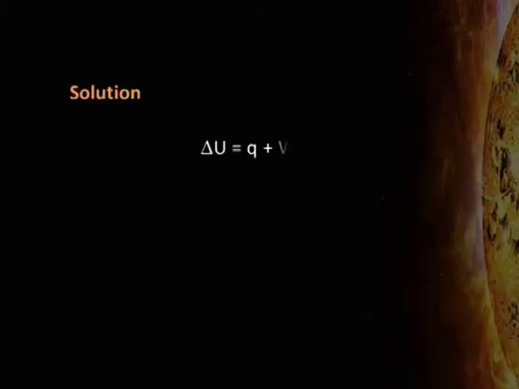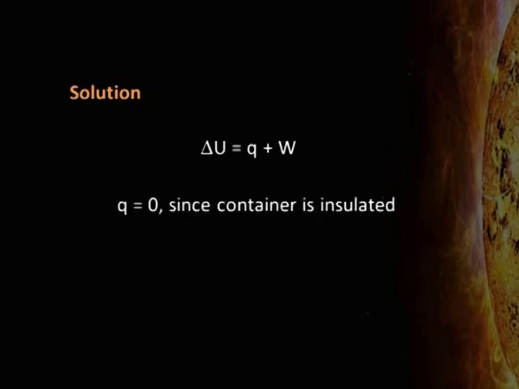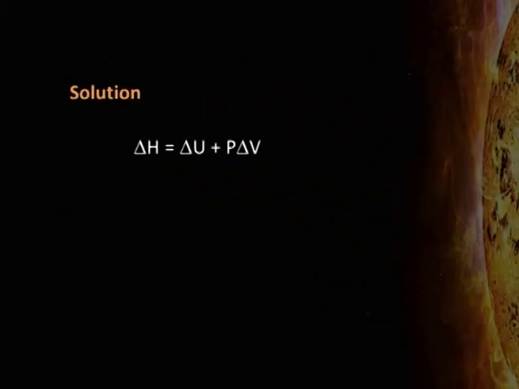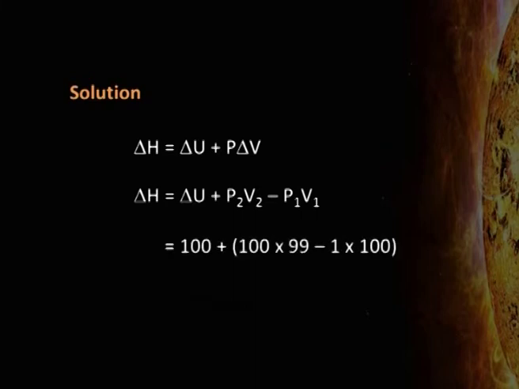Now, delta U will be equal to Q plus W. Here Q is equal to 0 as the container is insulated. Now, delta U will be equal to 100 bar ml. Putting these values in the equation delta H equal to delta U plus P delta V, we will get delta H equal to 100 plus 100 multiplied by 99 minus 1 multiplied by 100, which is equal to 9900 bar ml.